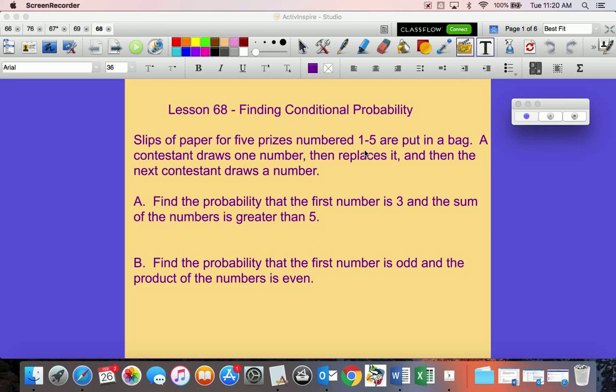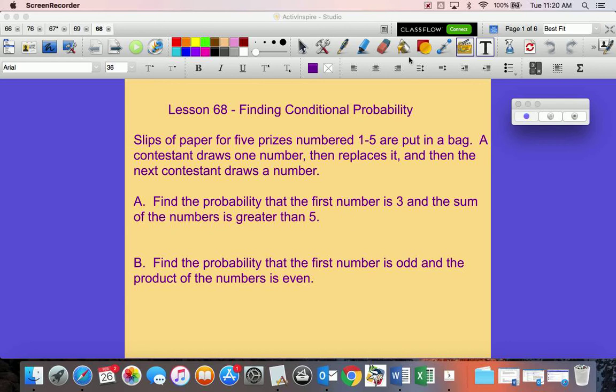is finding conditional probability. As it says here, slips of paper for 5 prizes numbered 1 through 5 are put into a bag. A contestant draws one number, then replaces it, and then the next contestant draws a number. So our first question here is find the probability the first number is a 3, and the sum of the numbers is greater than 5.